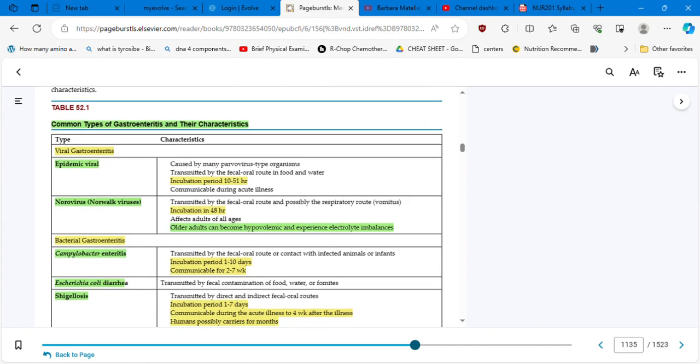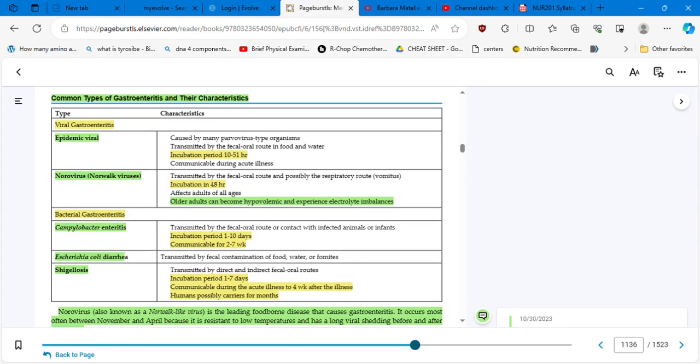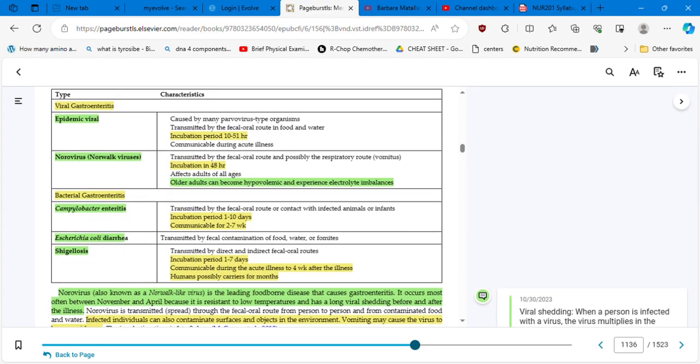Common types of gastroenteritis and their characteristics. Viral gastroenteritis. It could be epidemic viral. Incubation period is 10 to 15 hours, right? And transmitted via the fecal oral route in food and water.